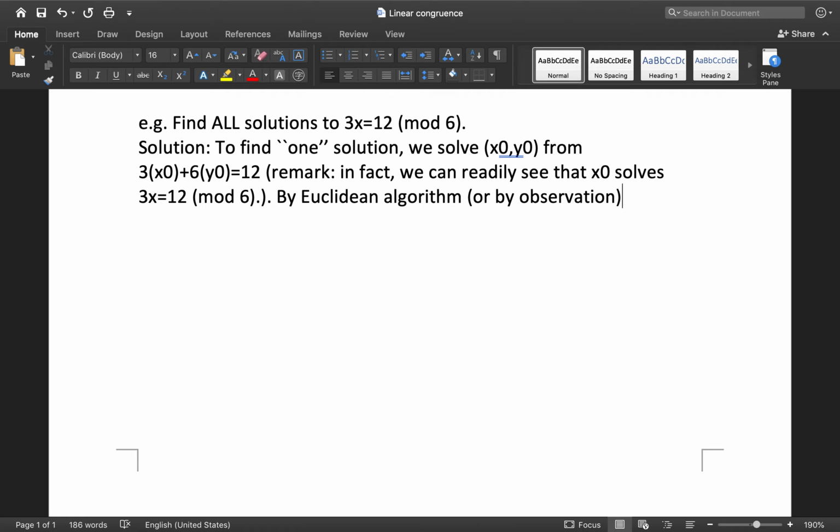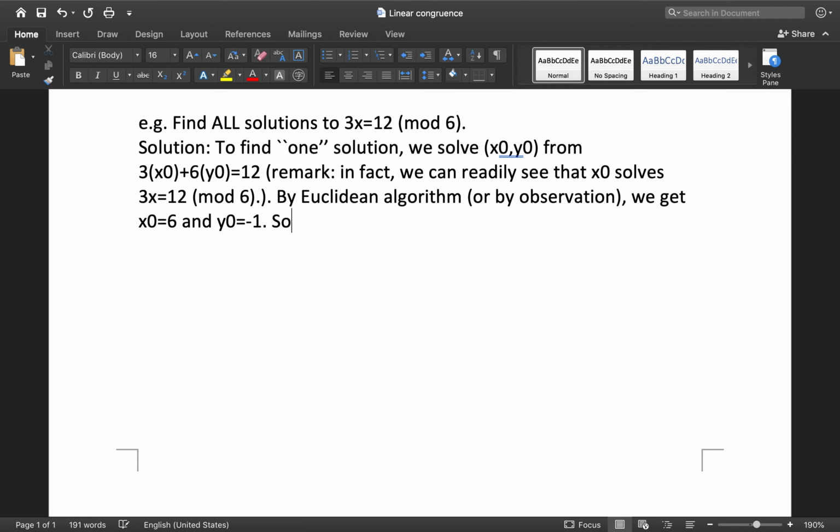Now you just have to find one solution. Remember, you don't have to get all solutions for the linear Diophantine equation. So first, we get x0, y0. For that problem, we get x0 equal to 6 and y0, you can take that to be minus 1. Anyway, y0 is not important.